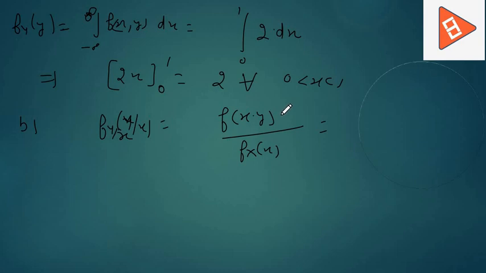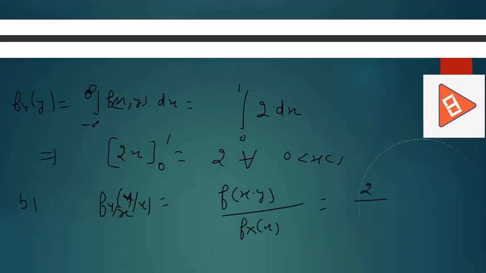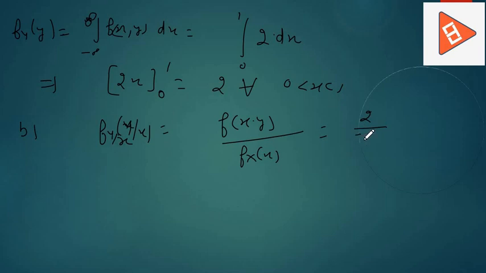The joint density function is 2 and the marginal density function of x is 2x, so it is 2 divided by 2x. The 2 and 2 cancel, so it will be equal to 1 by x. The conditional density function of y given x will be equal to 1 by x.